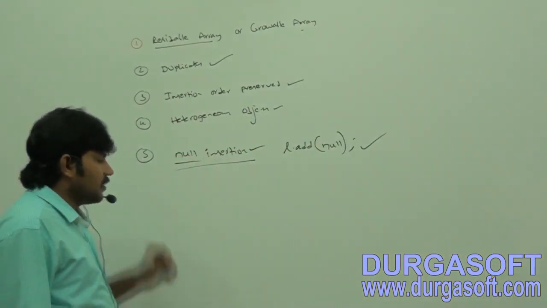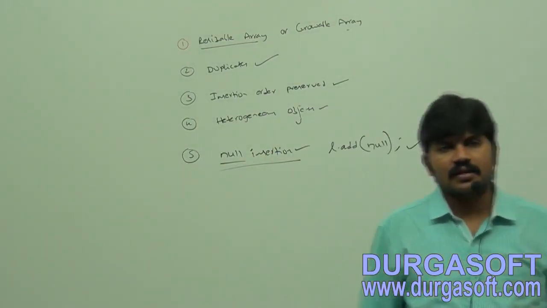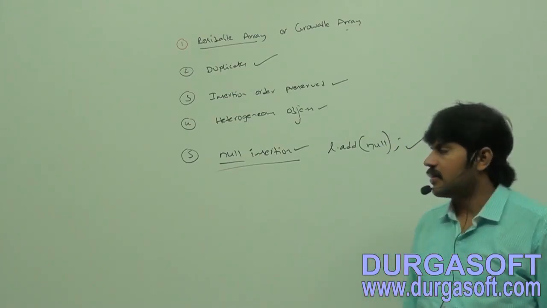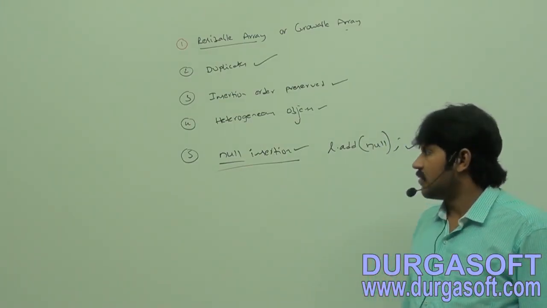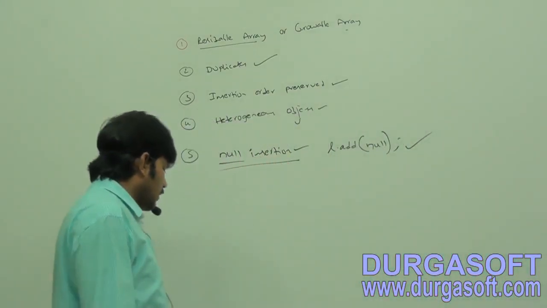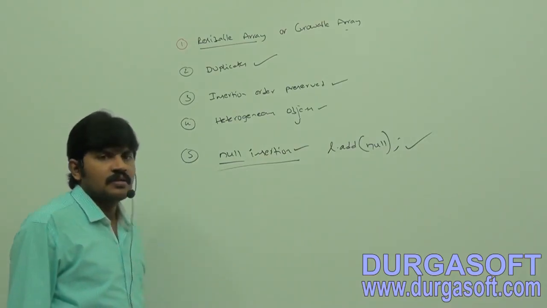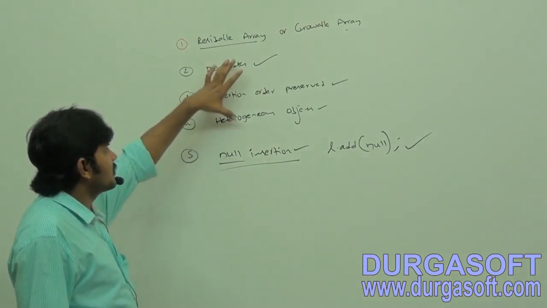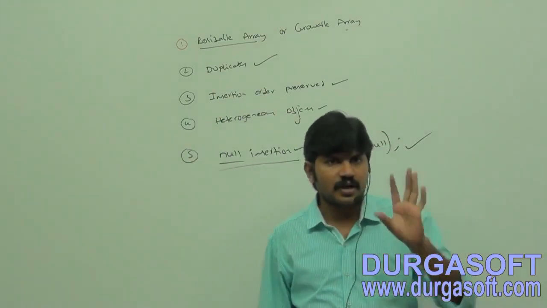Next, null insertion is possible. Okay, that's all. These are some important points related to ArrayList.